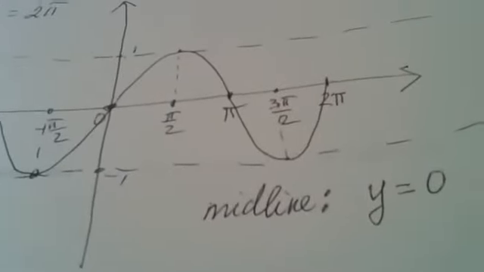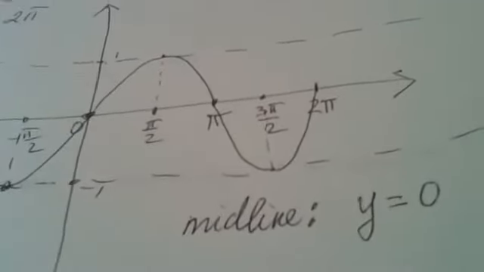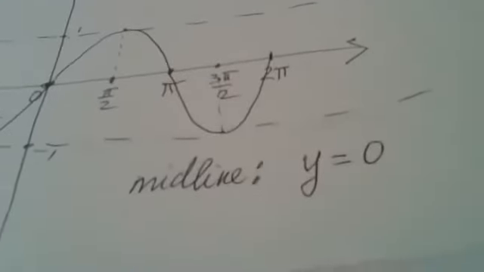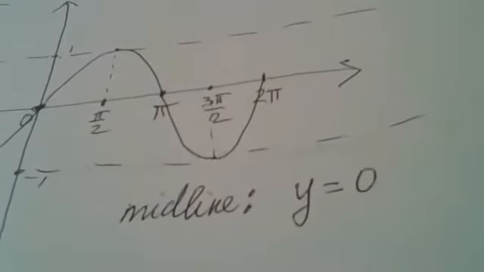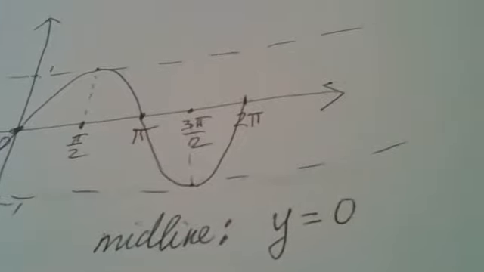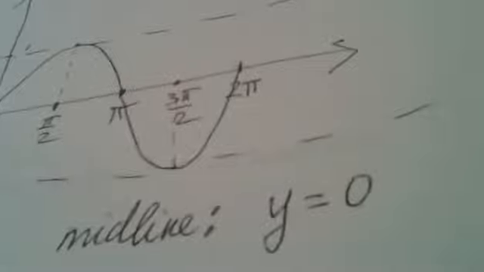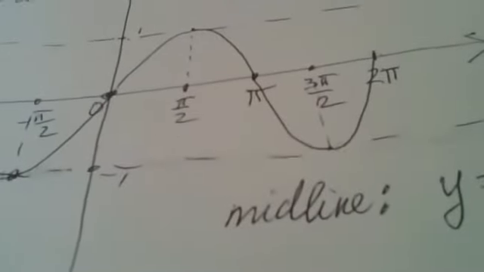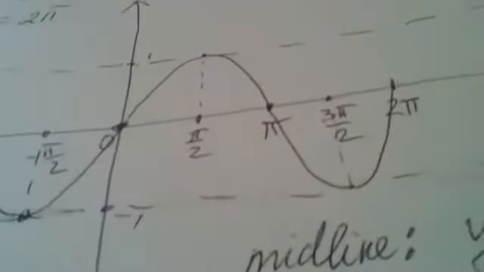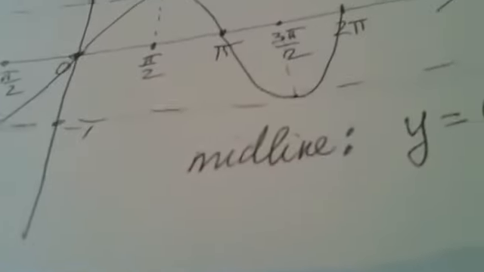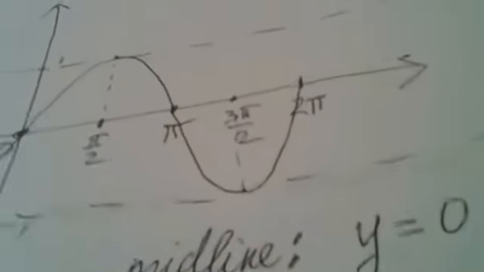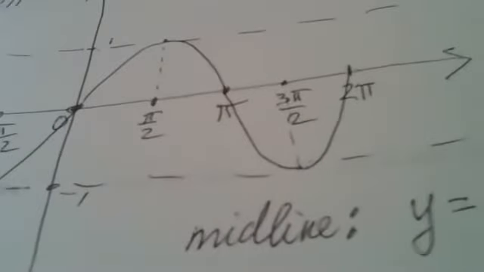So basically the x-axis here for this particular graph is playing the role of the midline, because it divides the entire height into two equal pieces. Half of the height is above that line, half of the height is below.